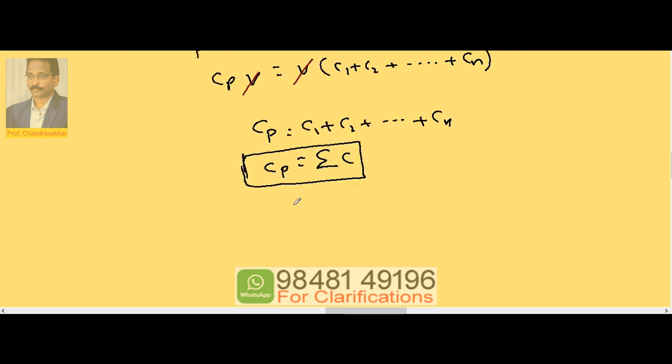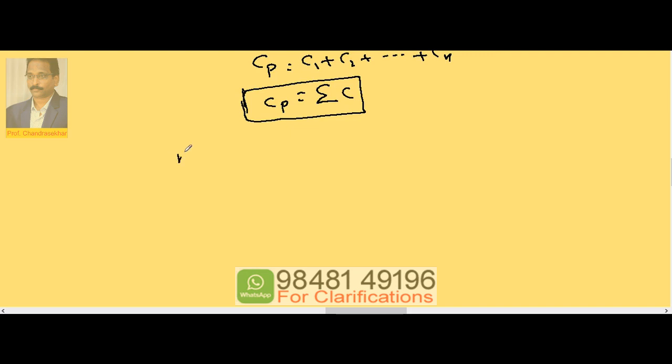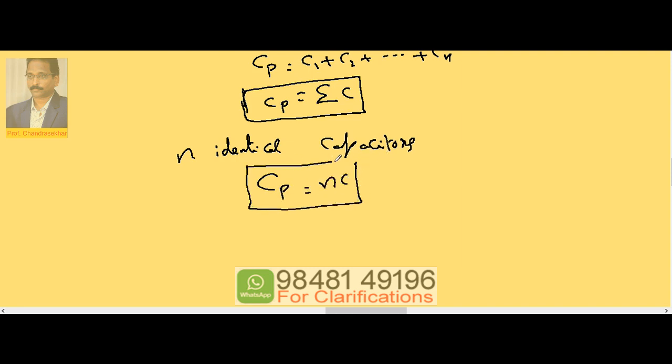Again, if I take n identical capacitors connected in parallel, the equivalent now becomes n into C. Capacity increases n times. Again, if I take the relation Q is equal to CV, in parallel combination V remains the same.